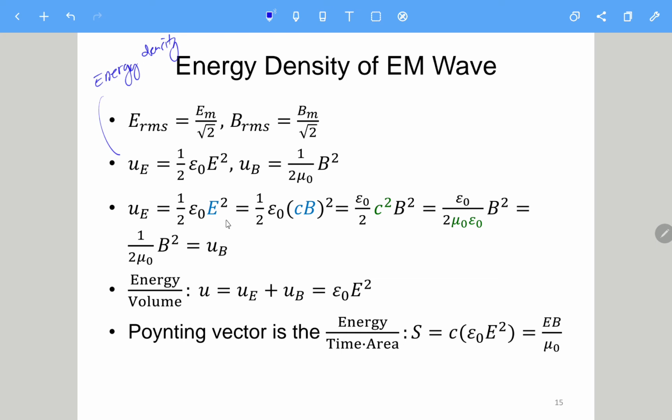Okay, so in this sense, as we have E over B equals c, which means that E equals cB, we just substitute E to be cB. So we have c squared B squared.